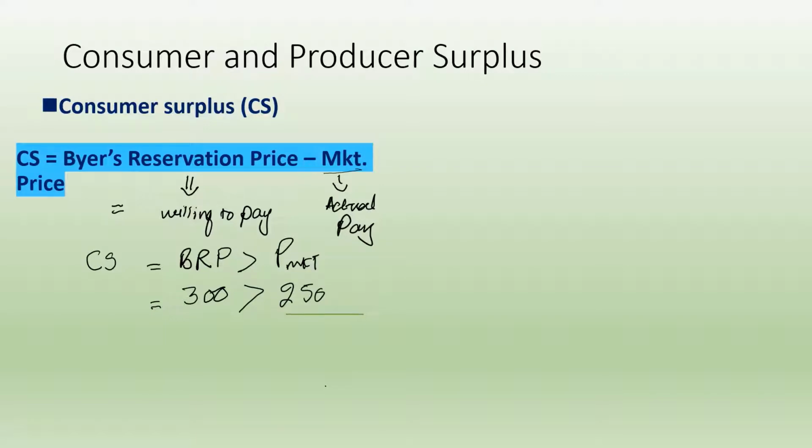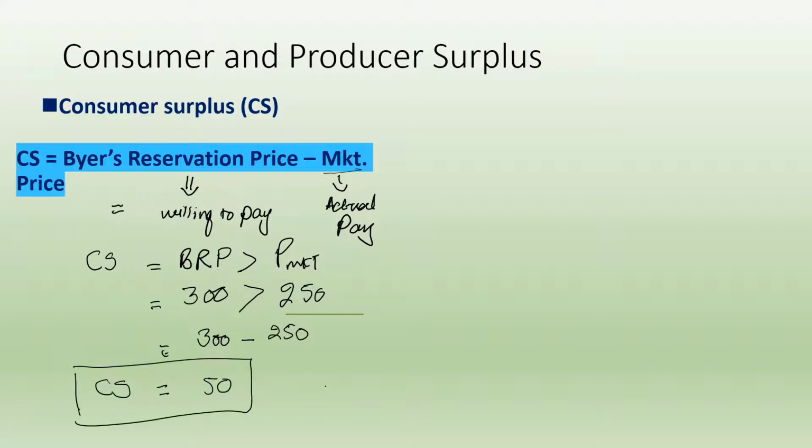In that case, the consumer surplus is going to be the difference between his reservation price and the market price which he actually pays to buy that laptop. So consumer surplus in that case is going to be $50.